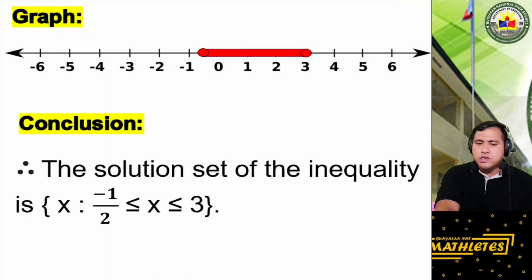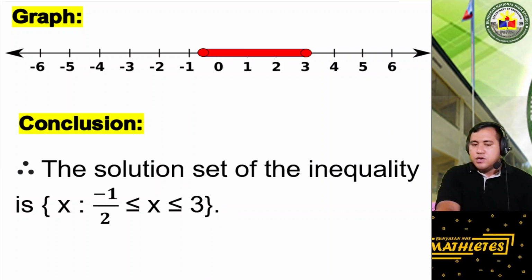Therefore, the solution set of our inequality is the values of x such that x is greater than or equal to negative 1 half but less than or equal to positive 3.